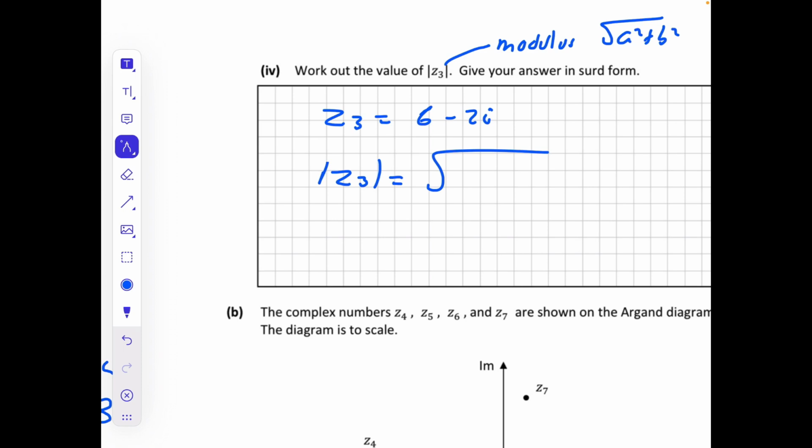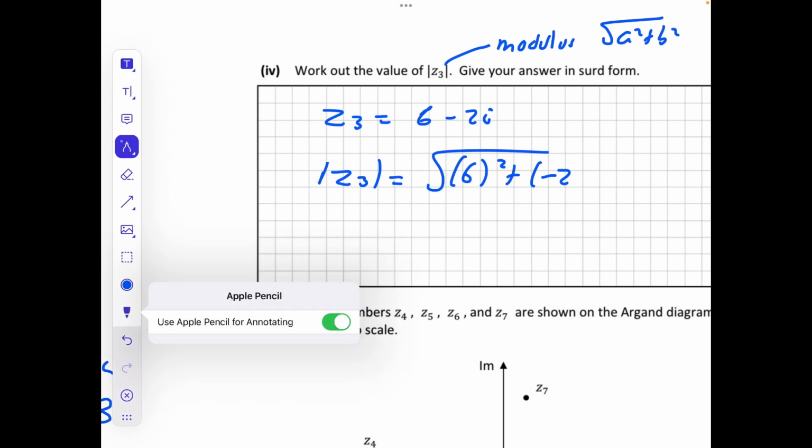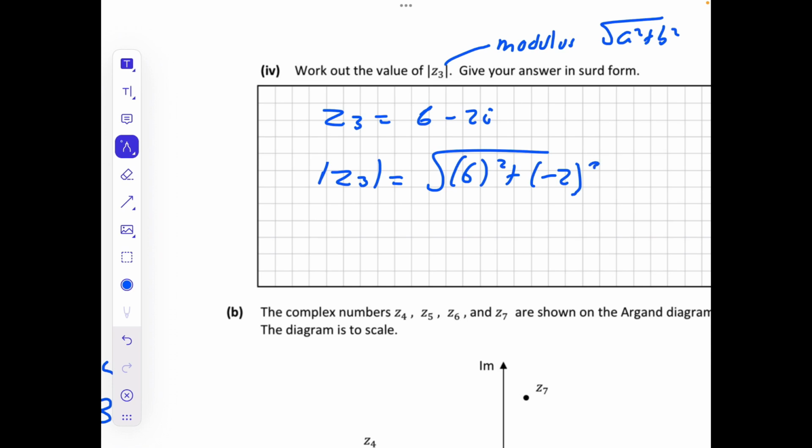Okay, so the modulus of Z3 then is the square root of 6 squared plus minus 2 squared. Okay, few mistakes people will make here. They'll try and put the i in as well, but you can't put that into your calculator and then you can't get an answer. Also, forgetting the brackets will also lead you to the wrong answer in this question.